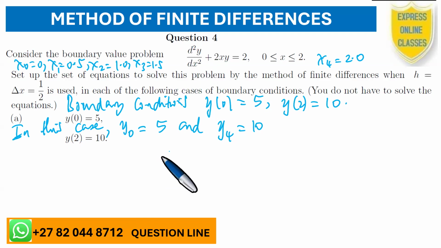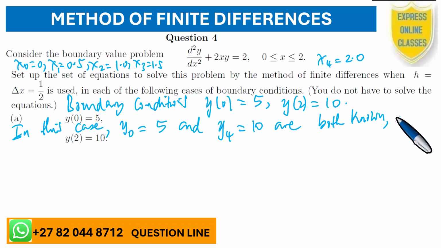Now, if we look at these, we have y0 is 5 and y4 is 10, both known. We continue with our analysis.